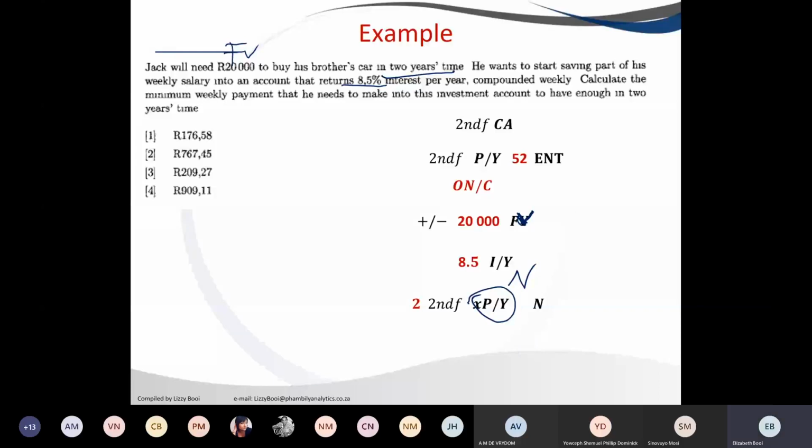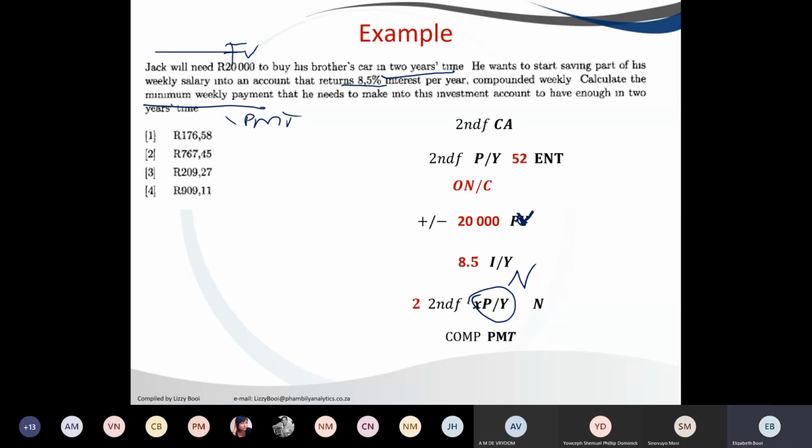Now we're ready to compute our weekly payment, which is what we were supposed to do. We press COMP, and you press the PMT button, and the answer you will get will be 176.58 if we round it to 2 decimals.